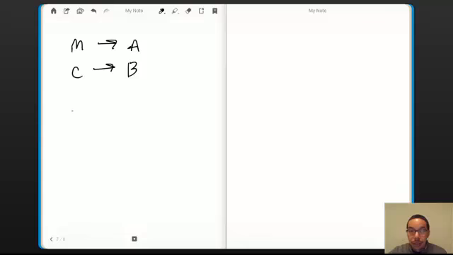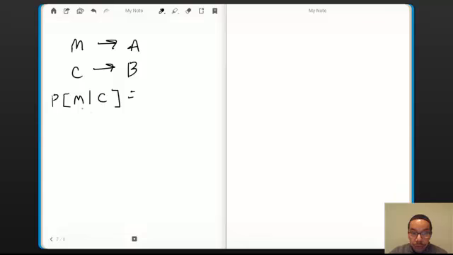So our formula should look like this. The probability of M given C. Probability of males given that they're cigar smokers.